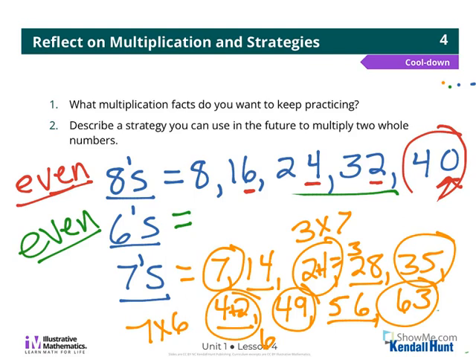I don't think it works for anything else. Yeah, I don't know. 6 plus 3 is 9, so maybe that one. 7 times 9 is 63. Doesn't really help you a whole lot. You just got to practice. So sevens are odd and even.